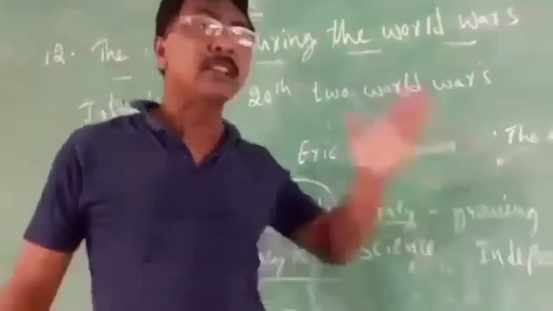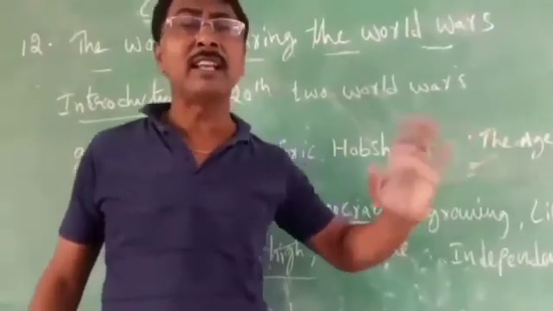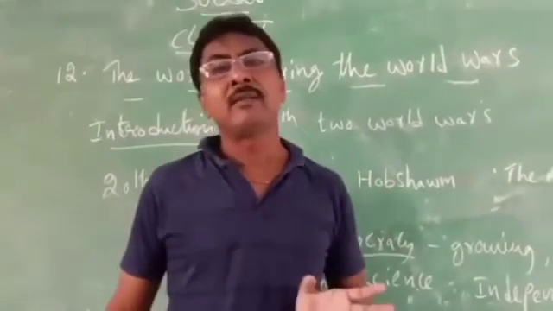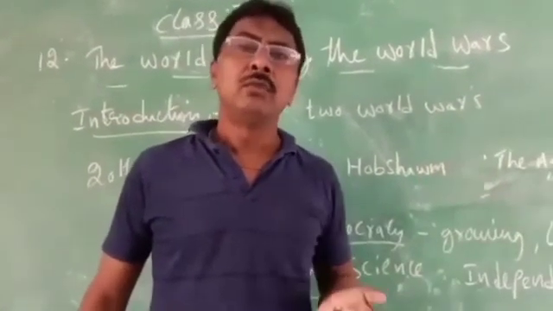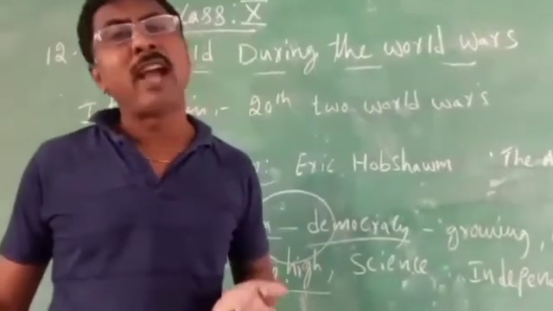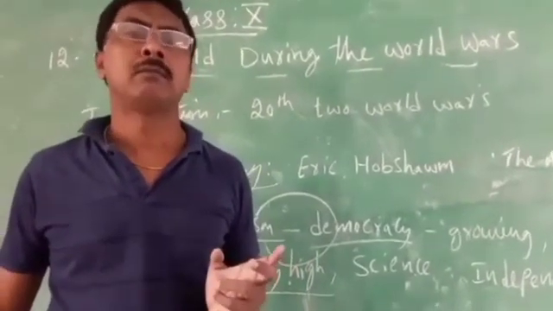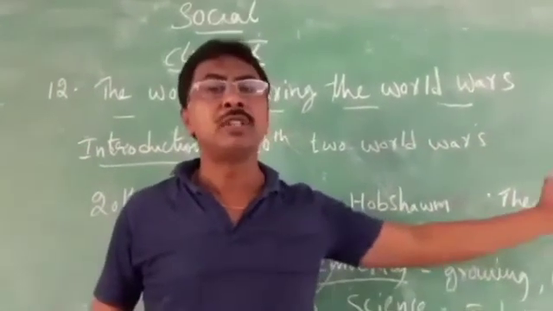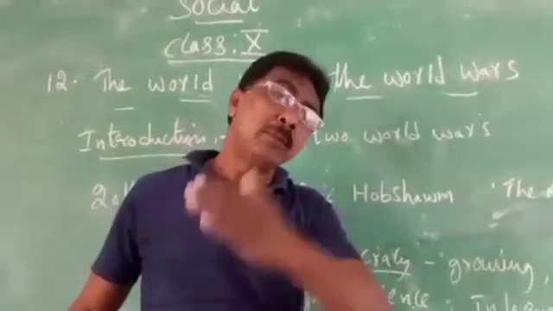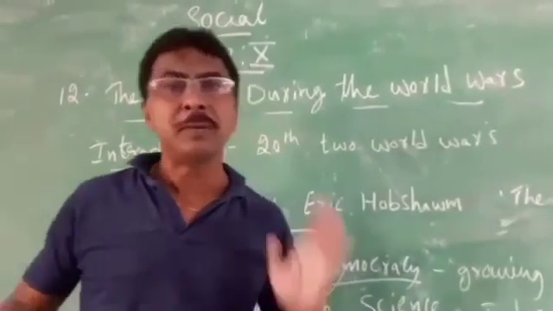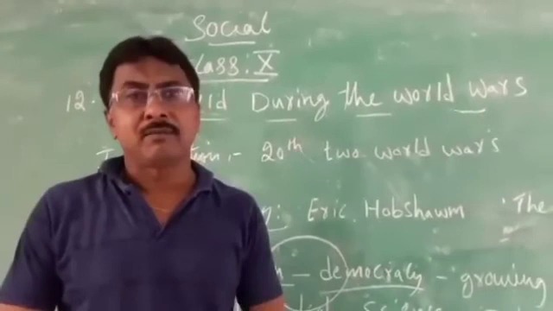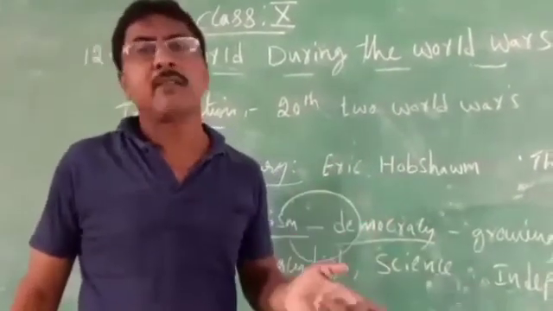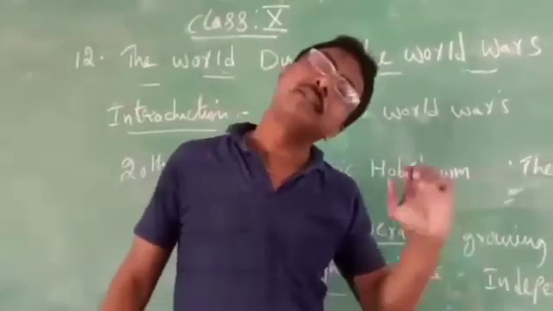So some industrialized Western countries, America, Russia, USA, Britain, France, England, Germany, everybody became developed. So these countries became one side and undeveloped countries became one side.